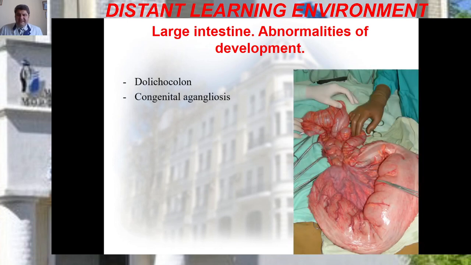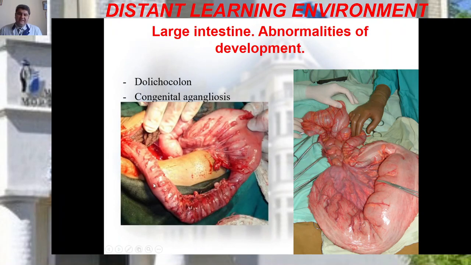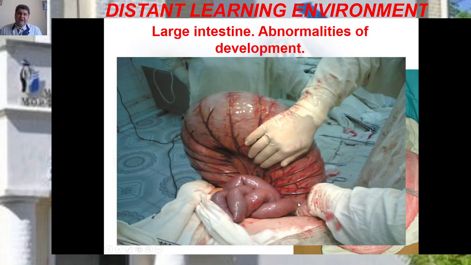On this picture you may see some abnormalities of the colon. For example, you may see dolichocolon with an increase in the size of the sigmoid colon. You may see dolichocolon here, and also you can see congenital aganglionosis, megacolon sigmoidal.